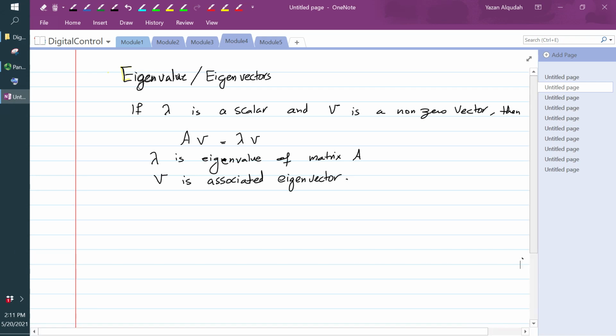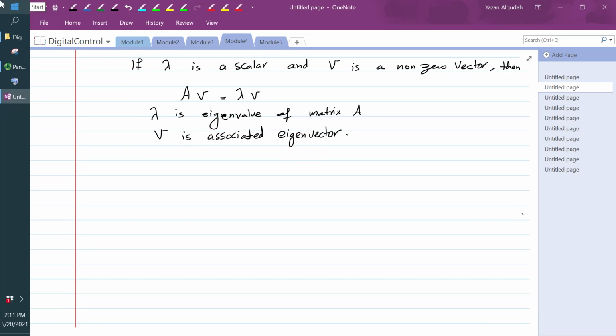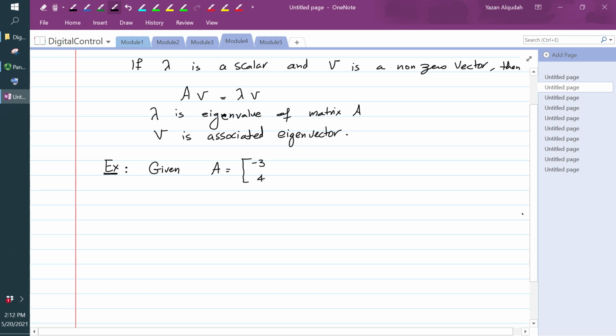What does that mean? So let's explain what this means in here. So let's do an example to illustrate this. And hopefully this example will make it clear and will give you a visualization of what the eigenvalue and the eigenvector mean. So in this example, I have a matrix given, A is equal to -3 and 4 and 10 and 15.